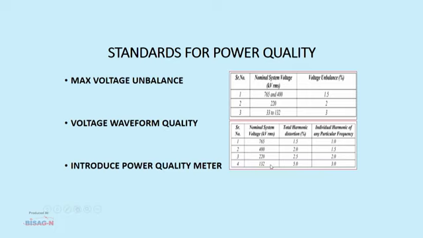At our level of 132 kV and below, the total harmonic distortion allowed is 5%, and individual harmonics of any particular frequency, whether it is positive, negative or zero sequence, should be not more than 3%.